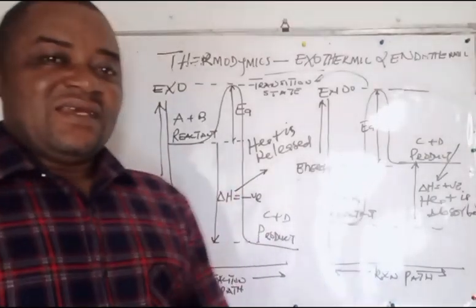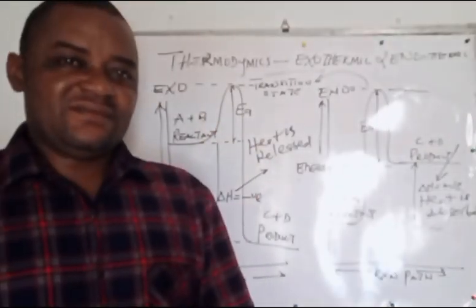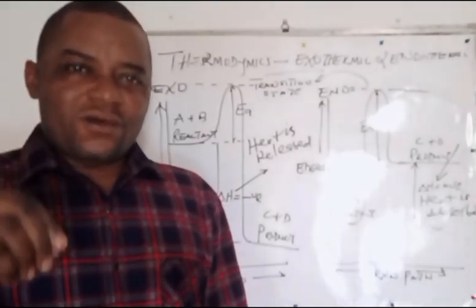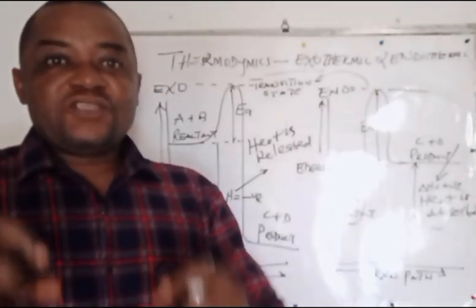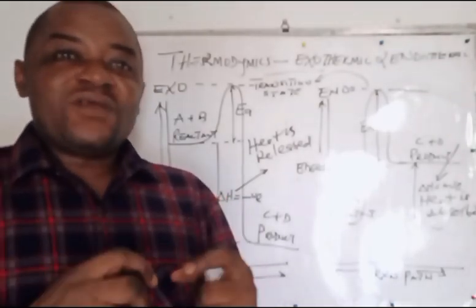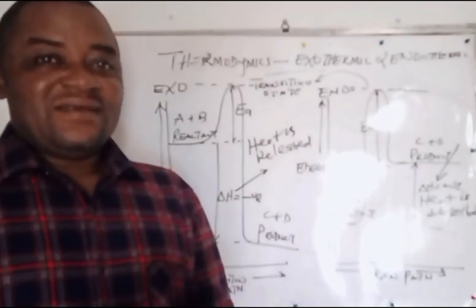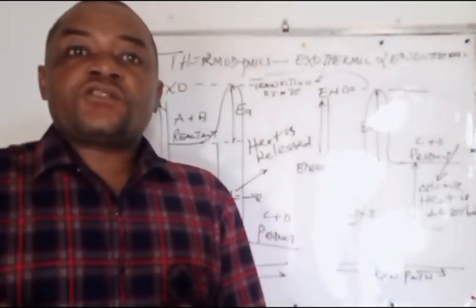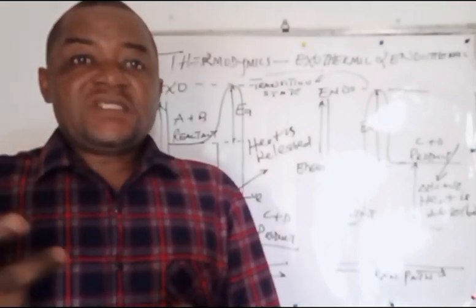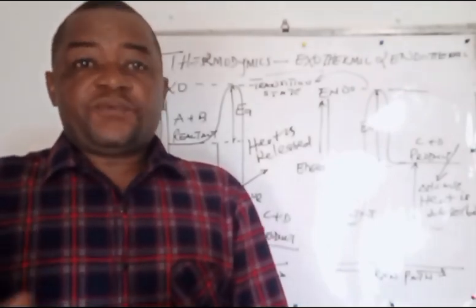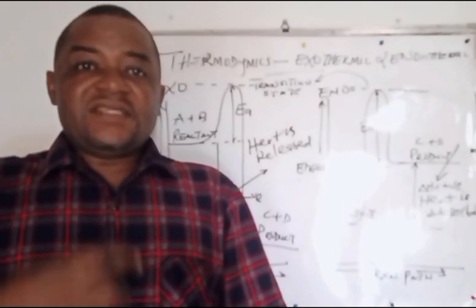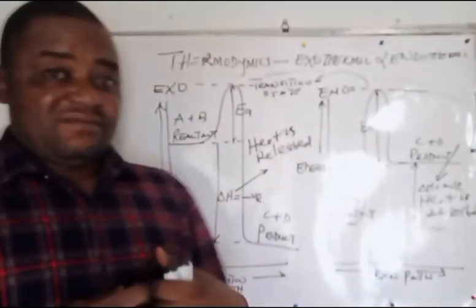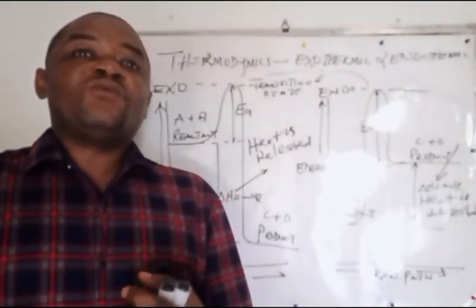Number three, in exothermic reactions, the bonds that are formed are stronger than the bonds that are broken in the reactant. For a new product to come, bonds have to be formed. They are formed at the product. Now, the bonds in the reactant have to be broken for the ones in a product to form new bonds.